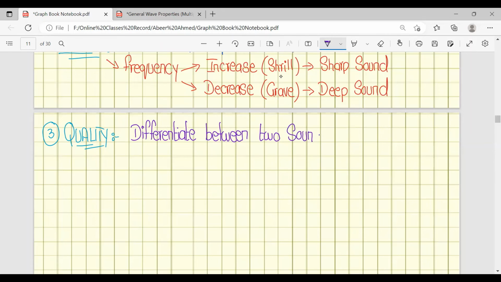of the same loudness and the same pitch, right? The above factors we already discussed.